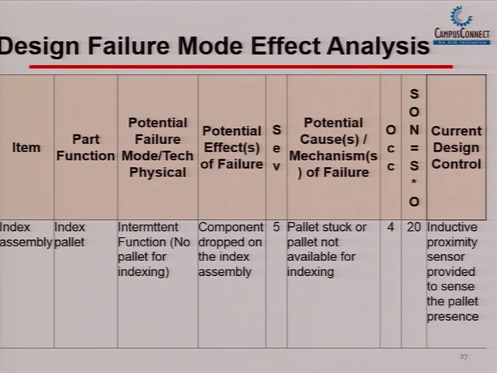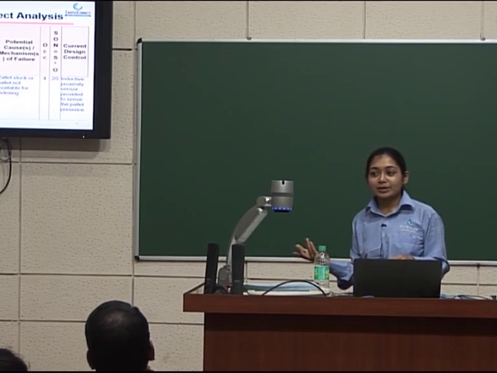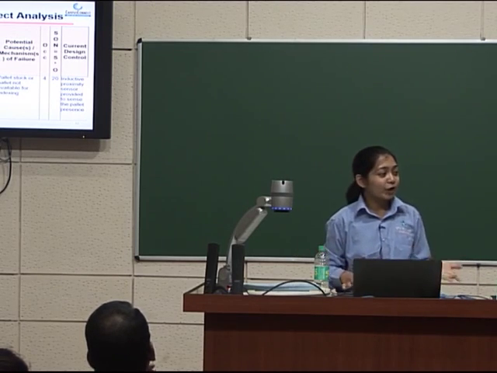If someone places the pallet, it starts automatically, and when there is no pallet, the components are still being singulated and rolling all over the conveyor. So we put in a component presence sensor, a pallet presence sensor, so that the process starts only when a pallet is there. You should have the foresight to understand what things can go wrong. Many design changes happen even after coming to the shop floor, especially in R&D projects, because nobody really understands beforehand what can go wrong.